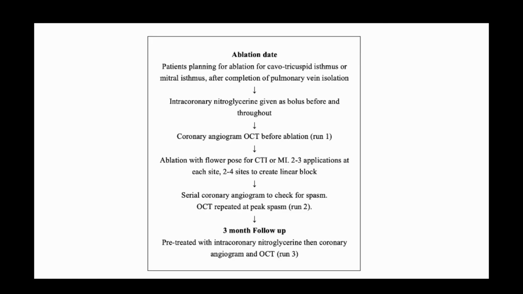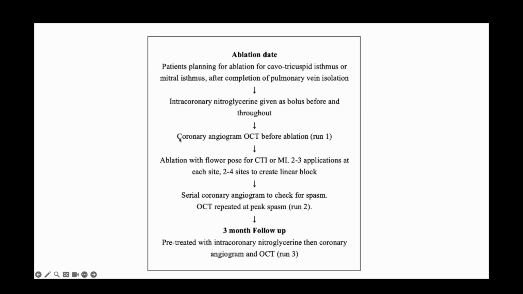When we identify significant spasm, we will repeat a second run of OCT. And then after 3 months, we bring all these patients back for a third run of coronary angiogram and OCT to check for the chronic sequelae to the coronary arteries. Fantastic. And this is all with the pentaspline PFA catheter.